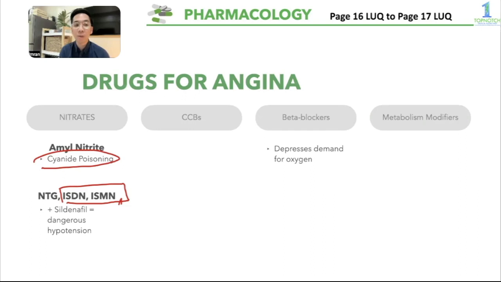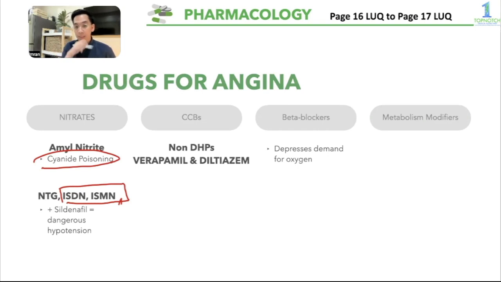So, again, your ISDN or your ISMN should not be given together with your sildenafil because it can cause excessive vasodilation and can cause hypotension. Next, punta tayo sa mga CCBs. Your CCBs can be your non-dihydropyridine type of your calcium channel blockers, and it includes your verapamil and your diltiazem.